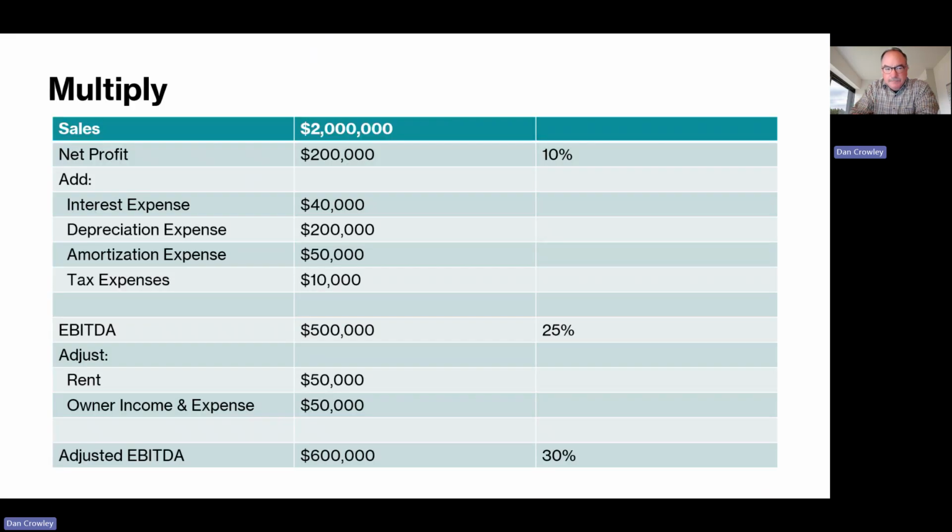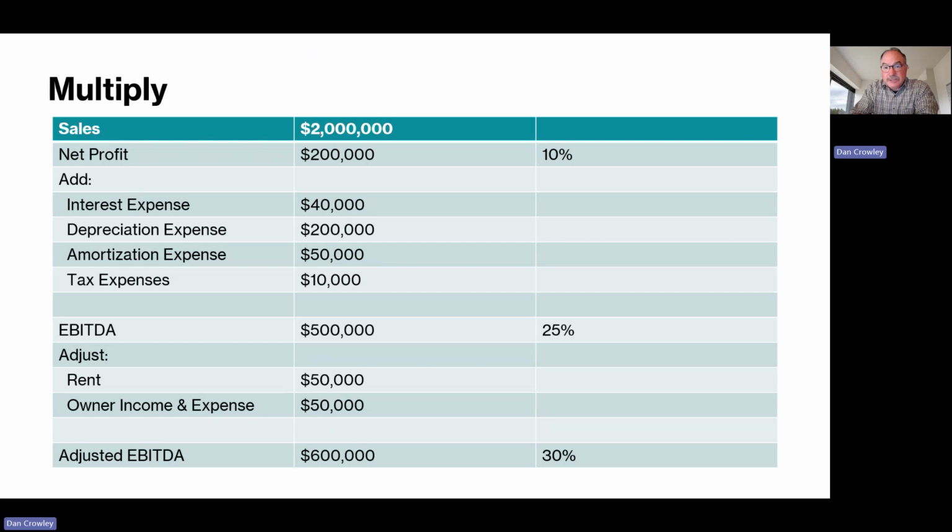So what does that mean? So I'm doing $2 million in sales. My net profit is 10% or $200,000. I'm going to add back to get it to EBITDA, right? So I'm going to look at my interest expense for financing. I'm going to look at depreciation of my rental assets and other assets. And I'm also going to look at amortization expenses.